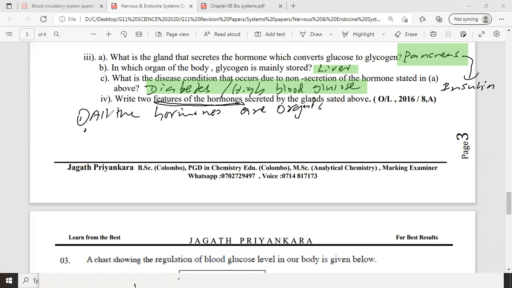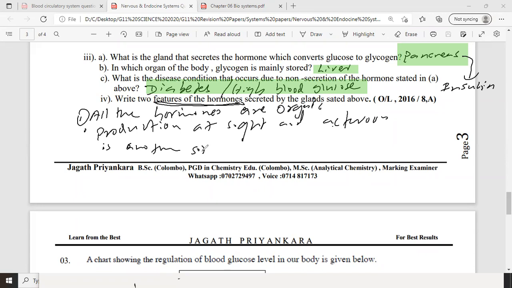They are effective at low concentration. They are produced at one site and act at a different site. That means the site of action is different from the site of production. They are required in a small amount.